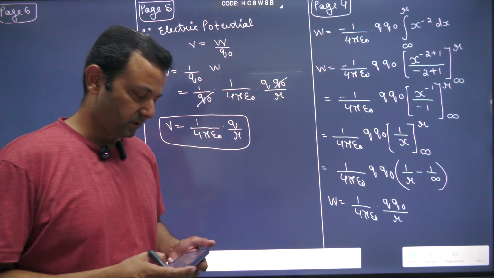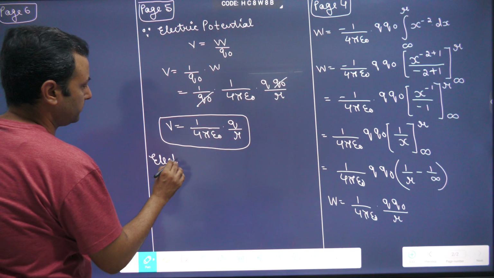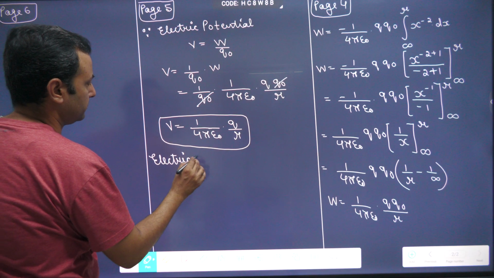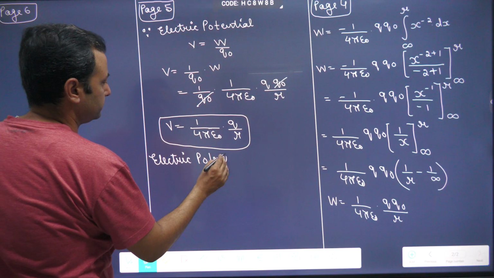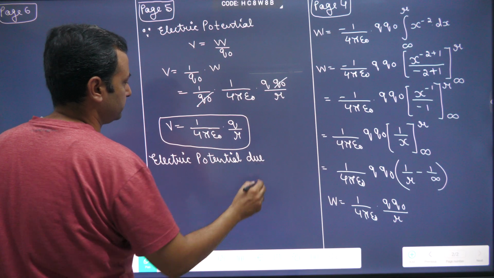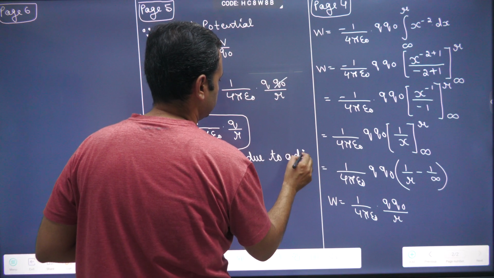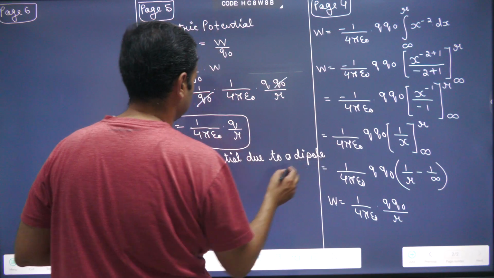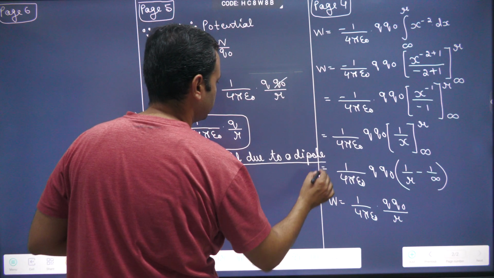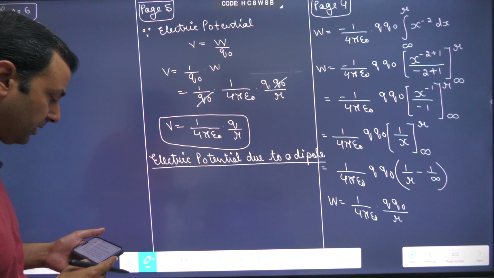So electric potential due to a dipole. First, electric potential at an axial point of a dipole.